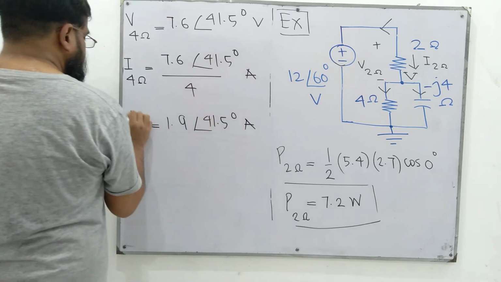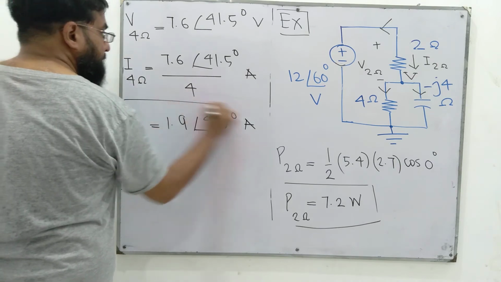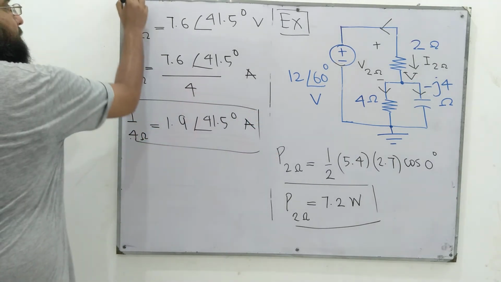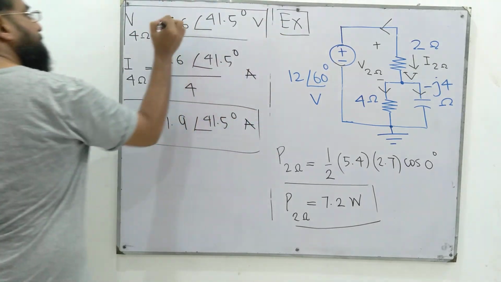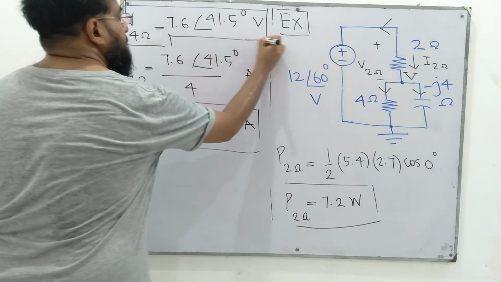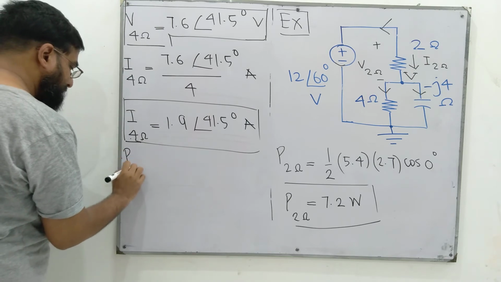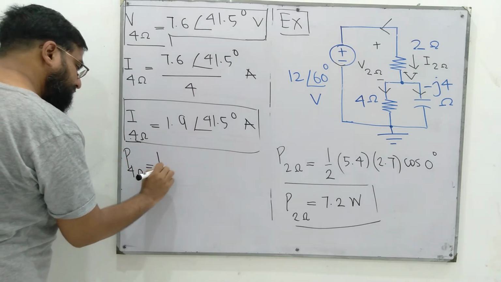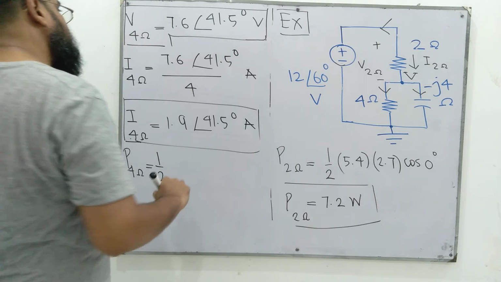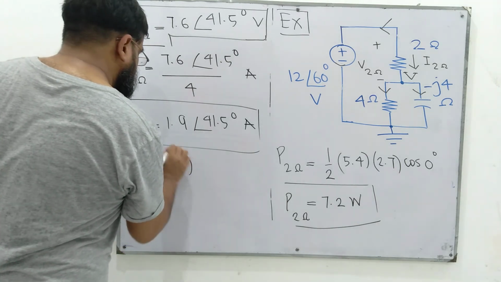Sorry, I through 4 ohms is this current. So we have computed this voltage and this current.